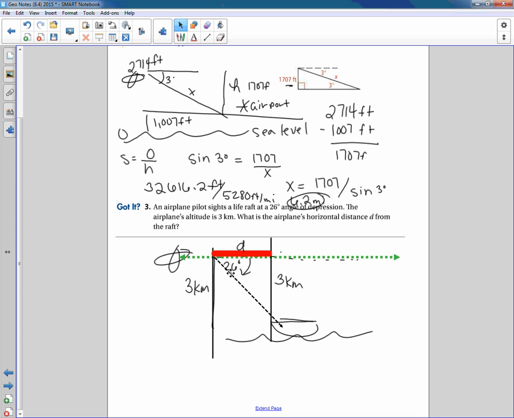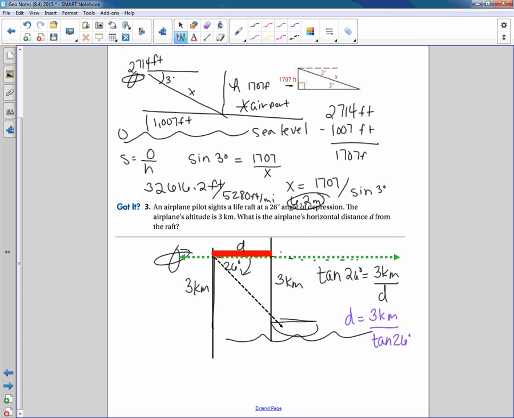Okay, so I have opposite given, and I am looking for adjacent. So it looks like I'm going to use tangent. So I'd say the tangent of 26 degrees is equal to the opposite, which is going to be 3 kilometers, over adjacent, which is D. So after some rearranging, I'm going to get that D is equal to 3 kilometers divided by the tangent of 26 degrees.